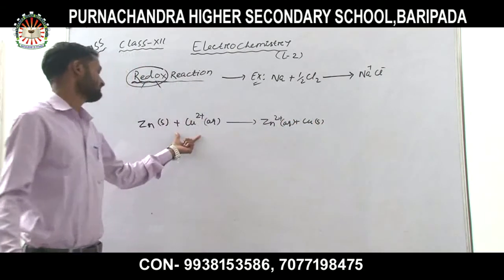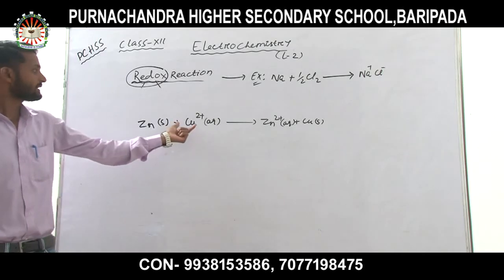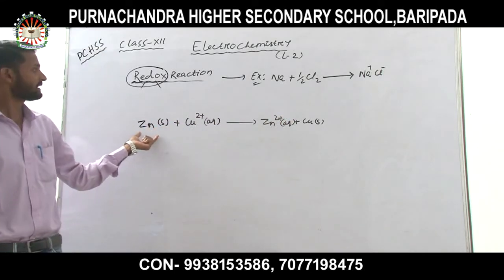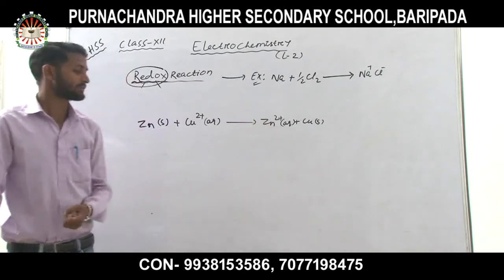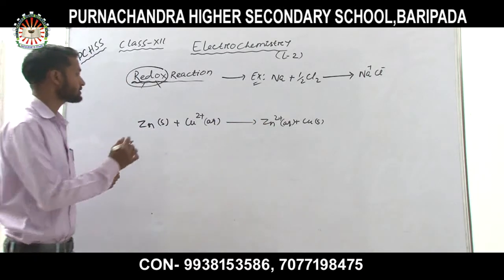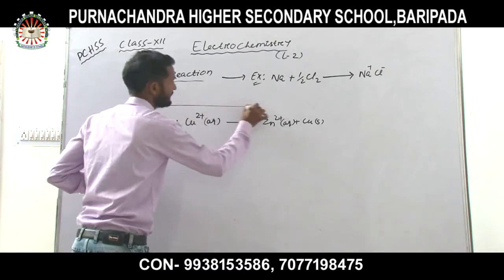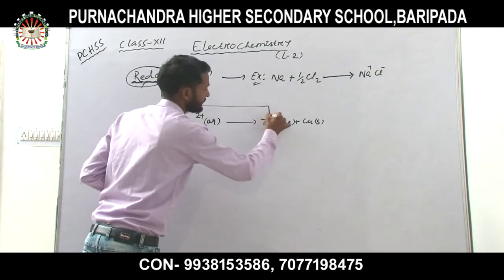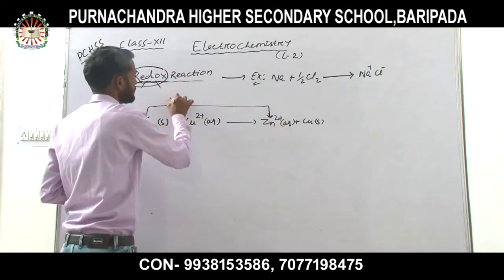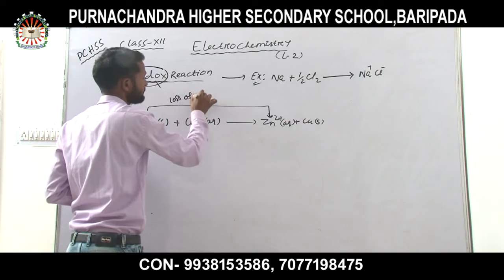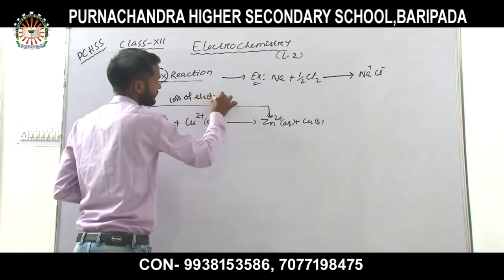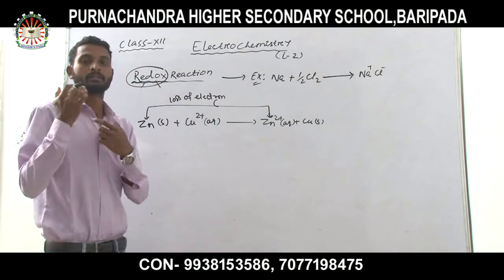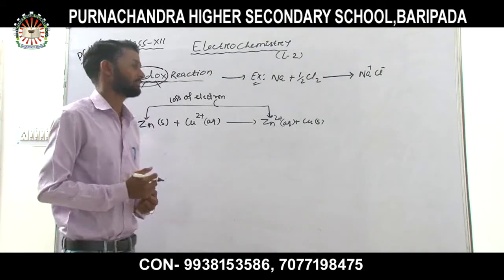In that reaction the copper metal will be formed, and the zinc metal forms the zinc ion. There is loss of electron between zinc metal and zinc ion. That means the oxidation reaction is taking place.